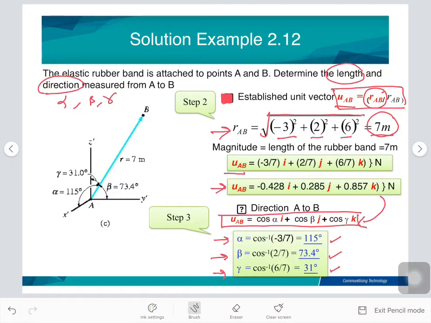So we have answered the solution for example 2.12.